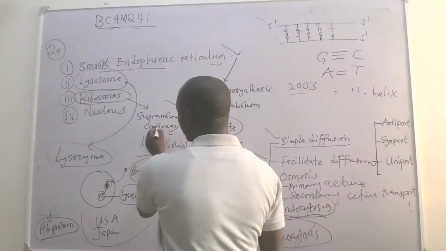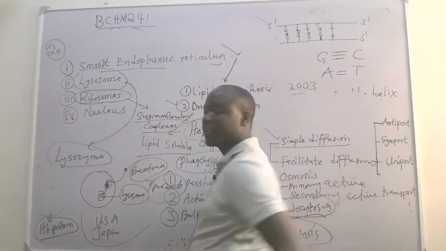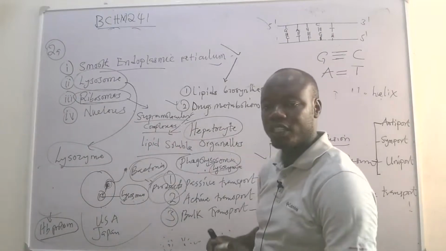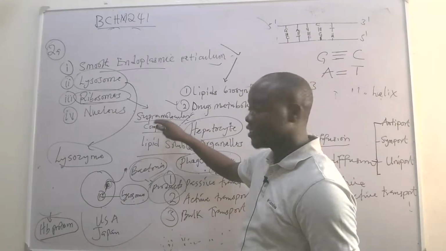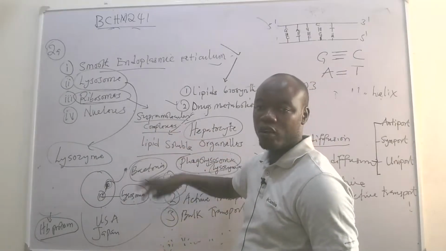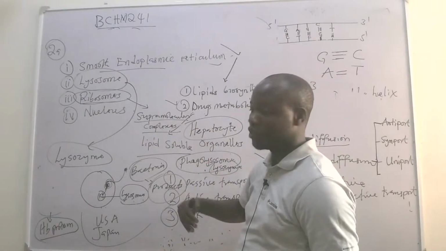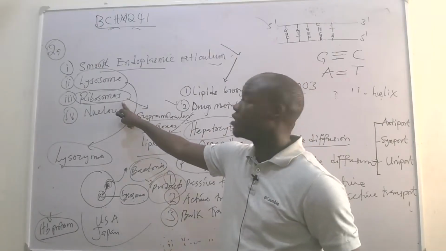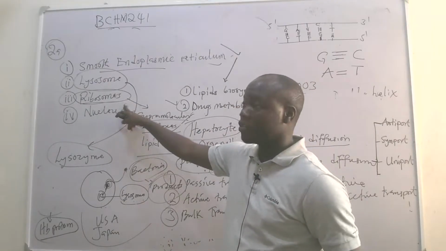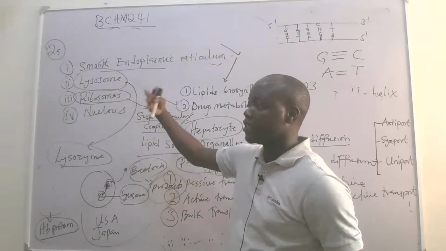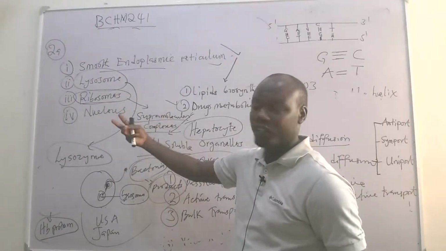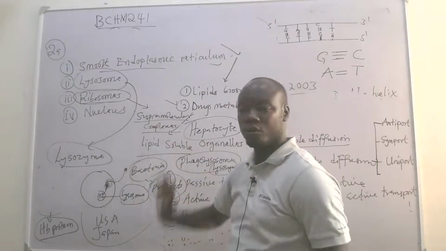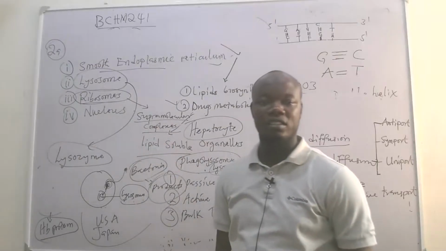So it's one of the supramolecular complexes. And remember, ladies and gentlemen, part of the discussion that we did on the organization of the cell or life itself, all living organisms start from atoms. So ribosome is one of the supramolecular complexes. Apart from ribosomes, we have the cytoskeleton, viruses, and prions, which are all examples of supramolecular complexes.